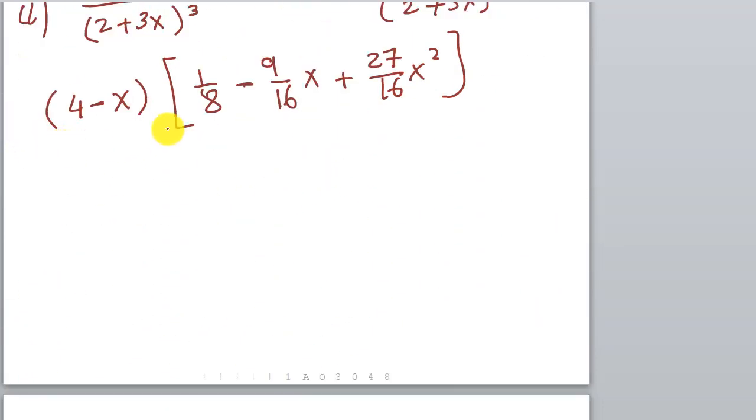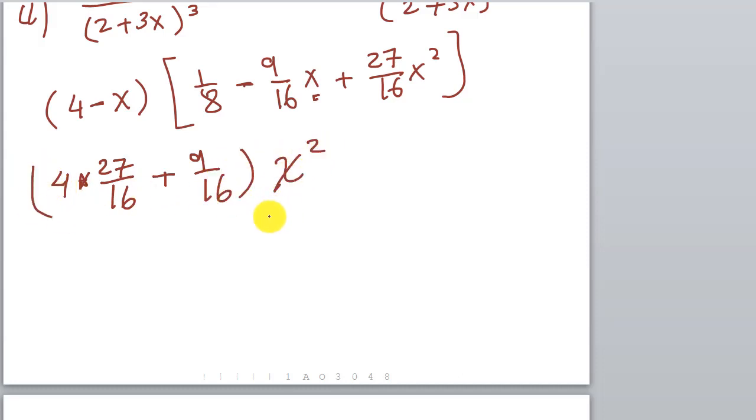Now we need the x squared, so 4 multiplied by 27 divided by 16. Now minus x here will give us plus 9 over 16, all of them here multiplied by x squared.